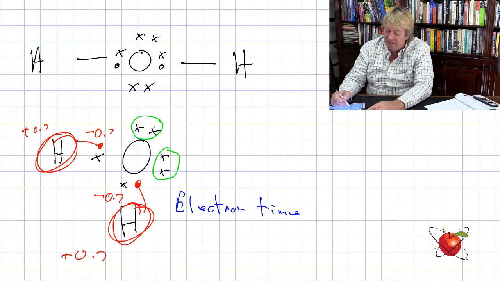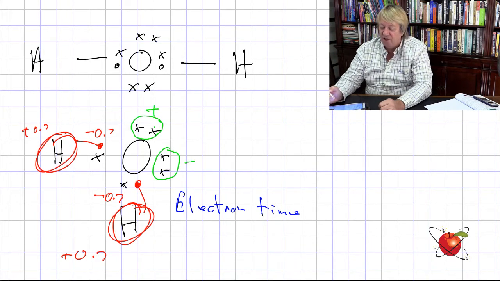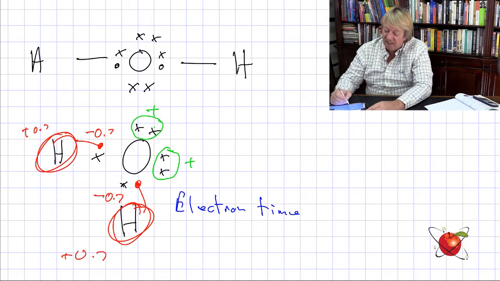But hang on, what are these two here? These two are full plus charges, aren't they? Let's just go and put them in. They are full plus charges. Always. Always full. If you like, what have we got here? We've got plus, there's 2 there. So we've got plus 2. And over here, we've got 1.7.